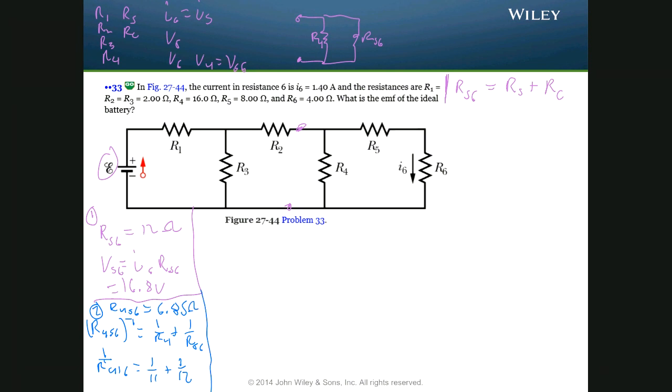All right. So now I have these taken into account, and now I can move my terminals back.